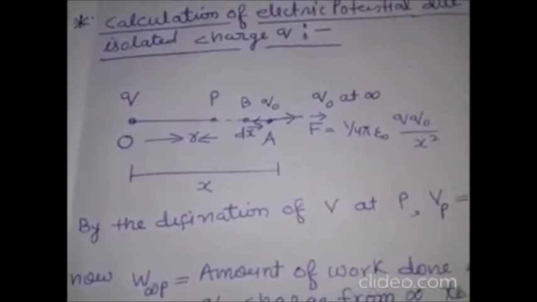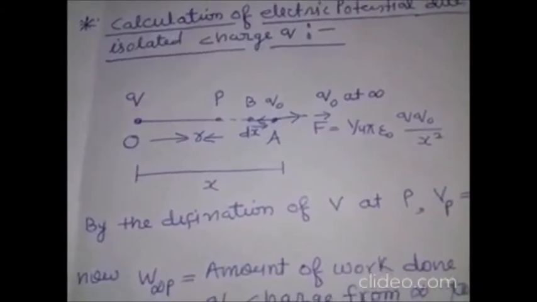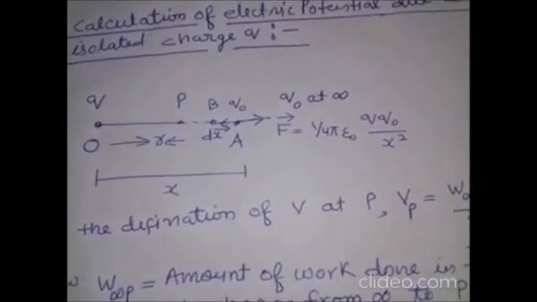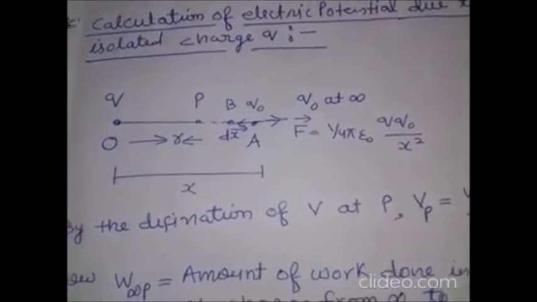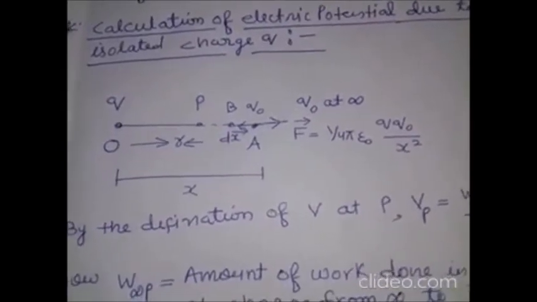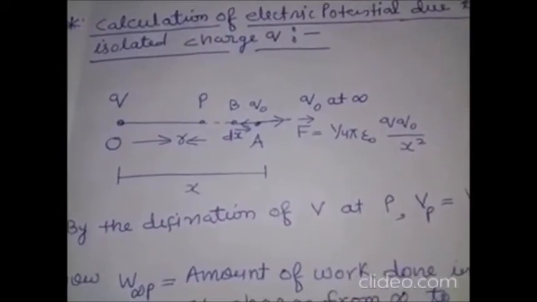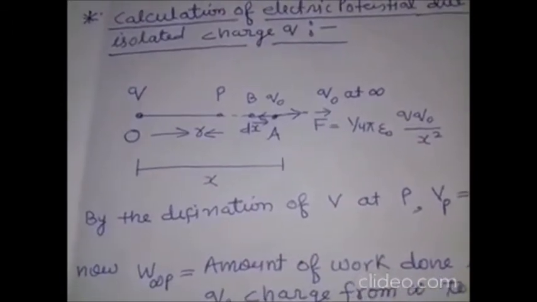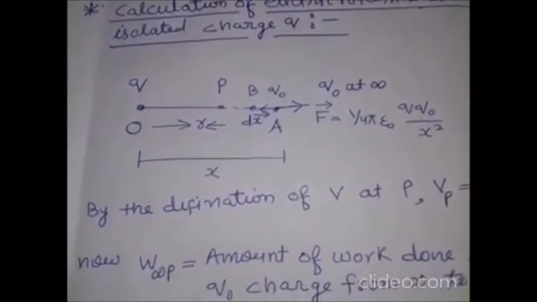Q naught will feel a force of repulsion due to Q, which is 1 upon 4 pi epsilon naught Q naught upon x square. Suppose you take Q naught from A to B through a very small displacement dx.